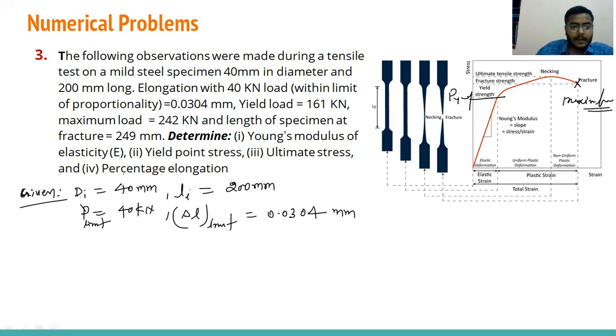So we have to determine Young's modulus, means E. Second, yield point stress, sigma y. Ultimate stress, sigma u, and percentage elongation. Okay, so we are going to solve this.